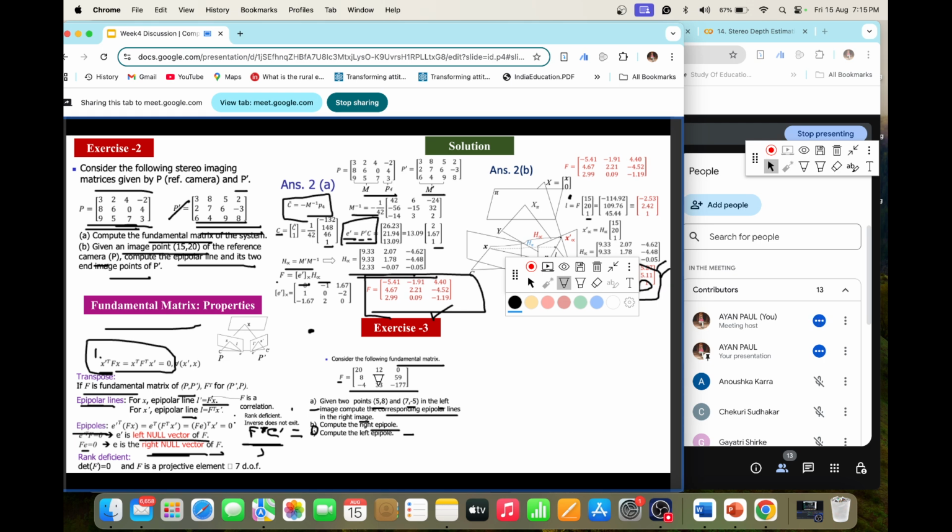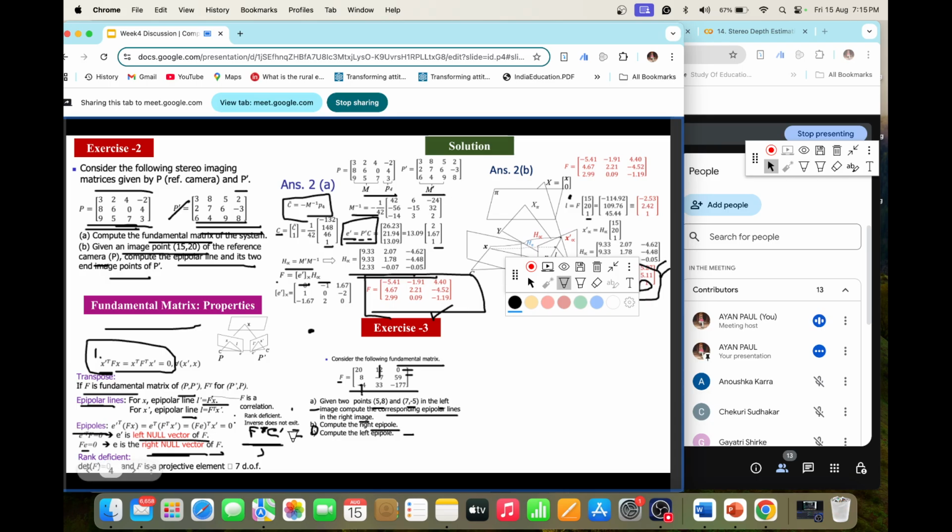So e dash can be written as x comma y comma 1, or you can write it as er1 er2 1. So only two rows are important. The third row is not important, since it is 1. So by these two rows of F transpose, the first two columns, we can get e dash.